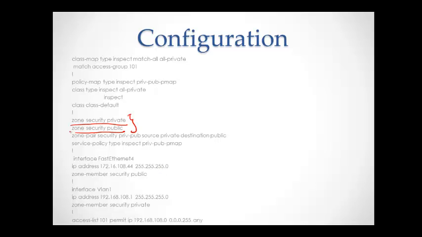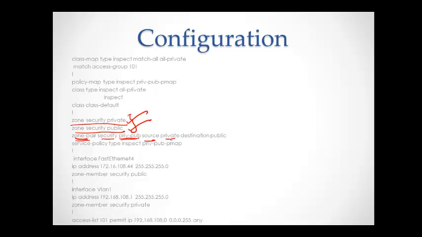In our example here, you see, zone pair security, give any name. I'm pairing these two zones, so you can give any name. I'm saying private-public. That's the name for the zone pair. Source, from where the traffic is going.